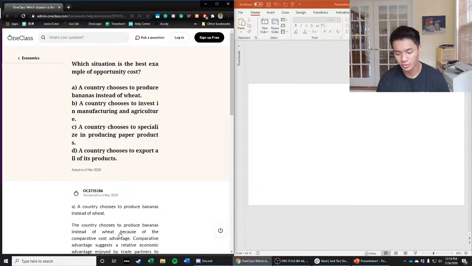A country can choose to dedicate its resources to production of either good X, bananas, or good Y, wheat, and when it chooses to dedicate its production to good X, then it cannot use any of those resources to produce good Y. And so this is a perfect example of an opportunity cost scenario. So we'll keep that in mind when we look at the other answers.